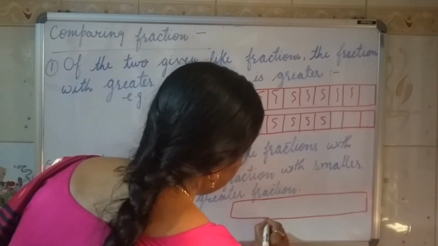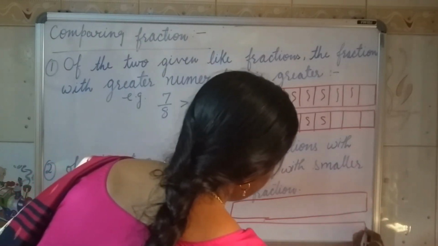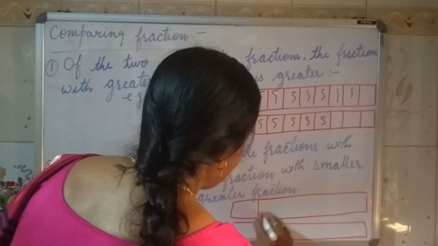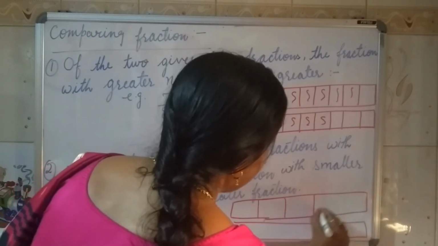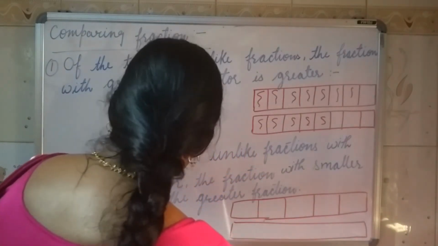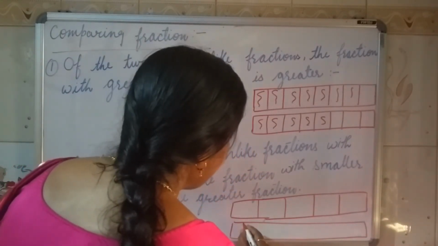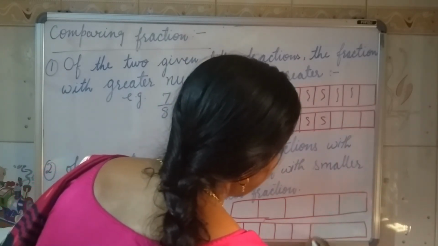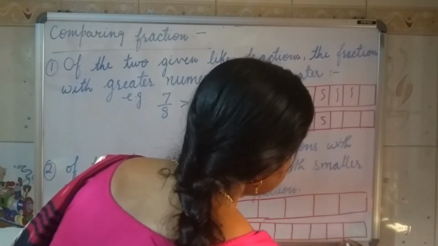This is the 2 chocolates and both the chocolates I am going to divide. The first one is of 5 parts. So 1, 2, 3, 4 and 5. And second one I am going to divide into 7 parts. 1, 2, 3, 4, 5, 6 and 7.